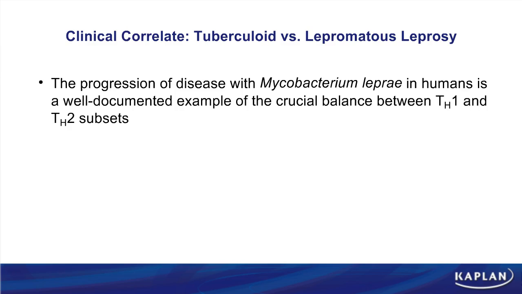But on the Step 1, you will see these clinical presentations, not so much from a microbiology standpoint, but more from an immunological standpoint. And really what they want you to understand is that the variations in the clinical presentations are based on the immune status of an individual, meaning do they have a predominantly Th1 response, which will generate cell-mediated immunity, or do they have more of a Th2 response?